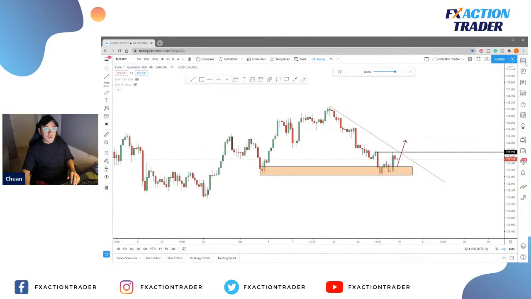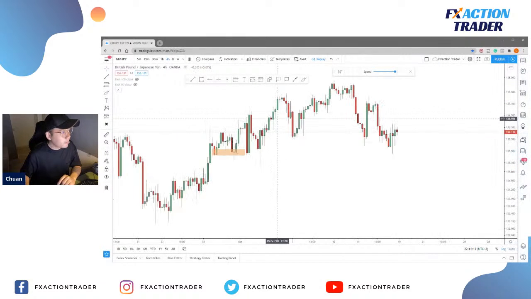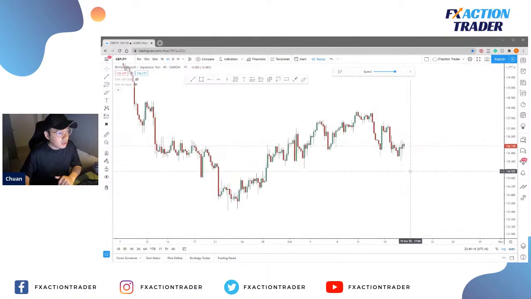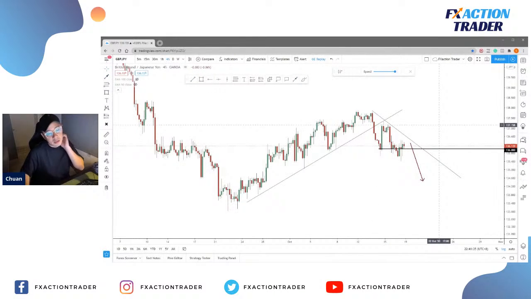For this week, I suggest you wait for a clear direction instead of entering blindly. On the pound yen, on H4, we can see a clear break of the previous trend line, a pullback, and market created a new low. I expect this is a pullback.